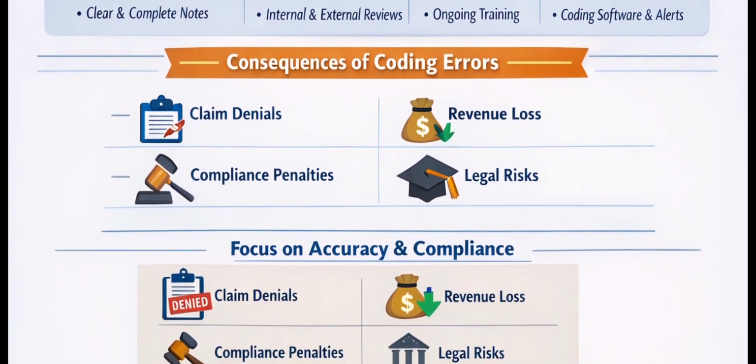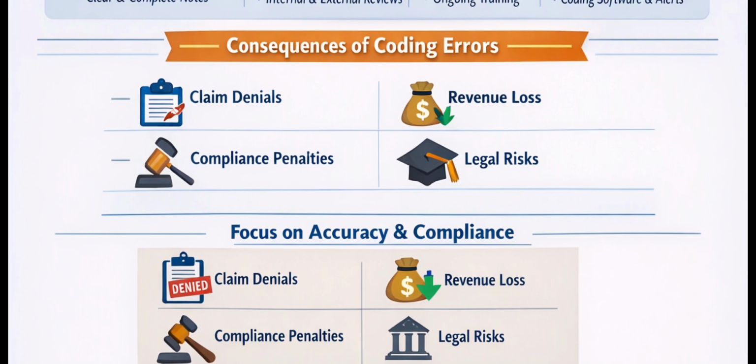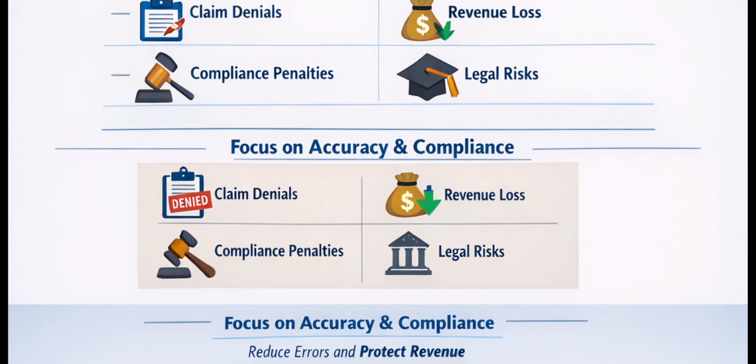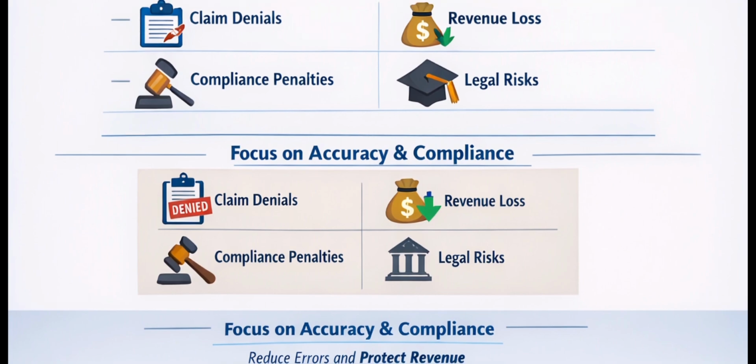So what are the consequences of coding errors? They are claim denials, delayed reimbursement, compliance penalties, legal risk, false claims, and damage to organizational reputation.